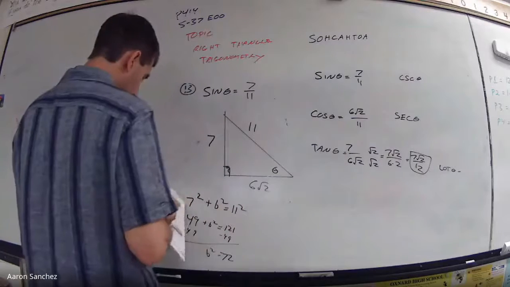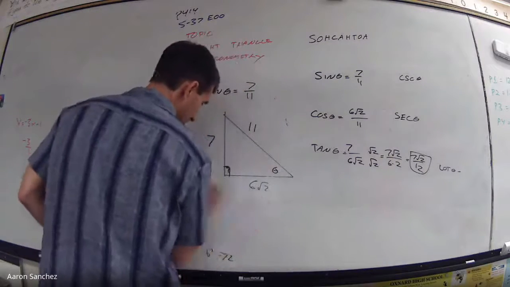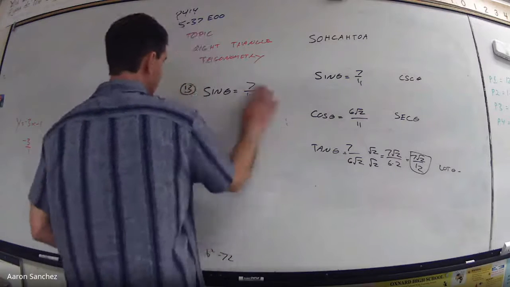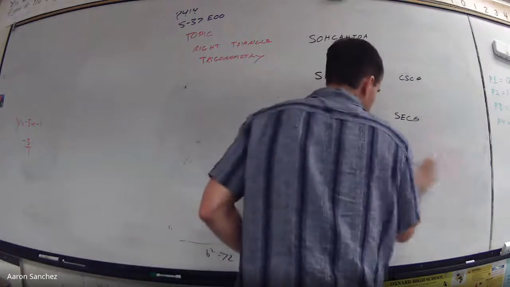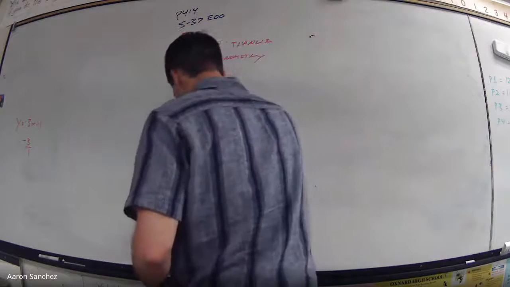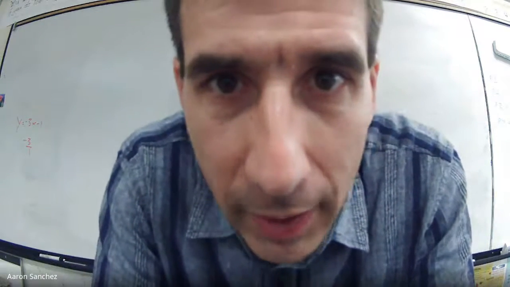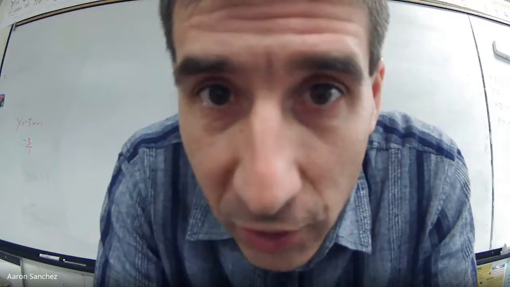So very quickly, I've got to do a quick lesson on 21 before I do 21. Do you guys remember special right triangles, 30, 60, 90 triangles, and 45, 45, 90 triangles?